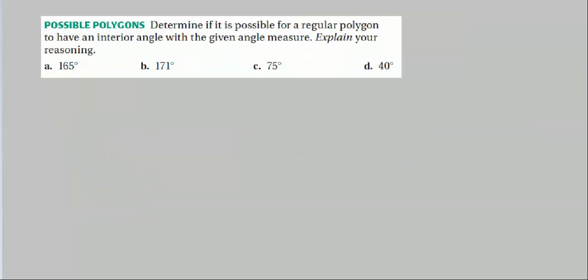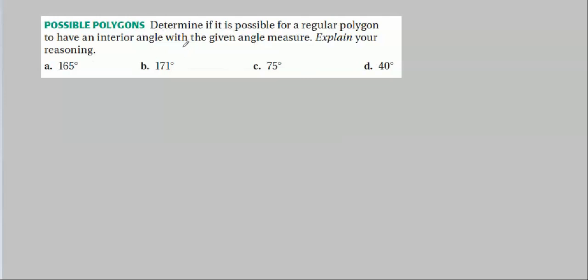Okay, here we have 4 answers from A to D, but this isn't really multiple choice. They want us to spot which one of these, or maybe all, any or all of these, may be possible angle measures for a regular polygon with an interior angle that's given here.